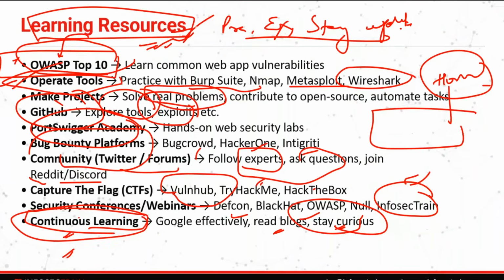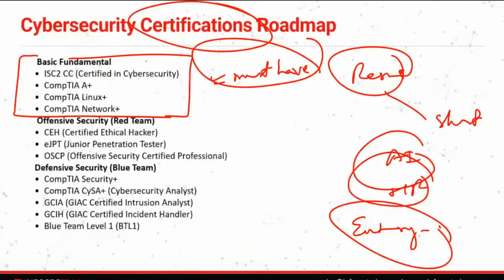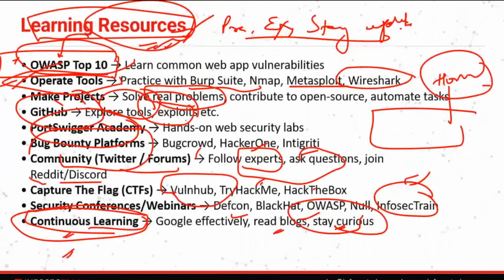Like Certified in Cybersecurity, A+, where you learn about system booting up, hardware, how it works, basics of Linux, basics of networking. You can also do that on your own from the internet. Different paths and learning resources are there on VulnHub and TryHackMe. You can go for that.